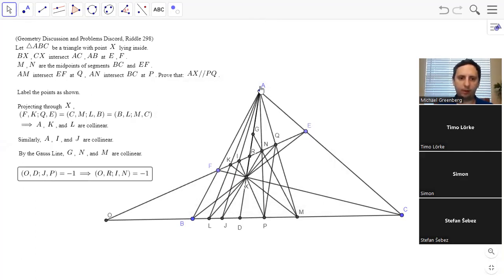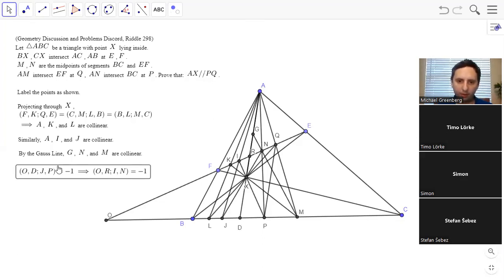That's projecting through A. And so yeah, if we project through G, we get OLM.